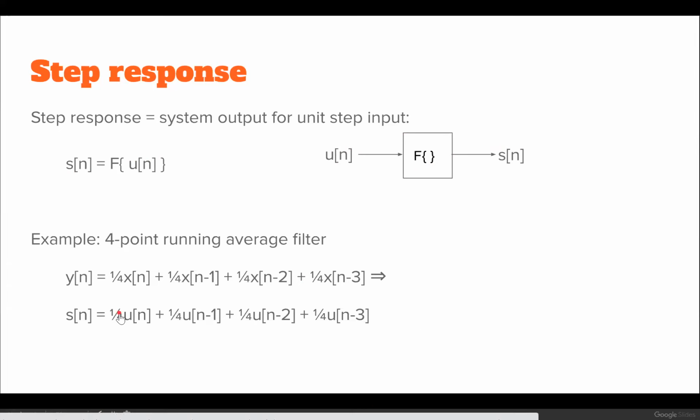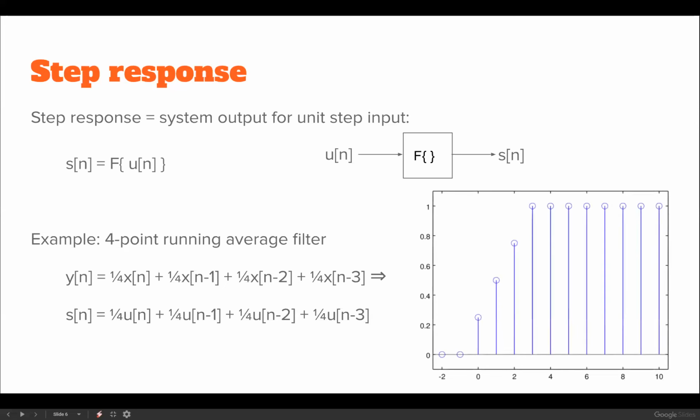Then it means that on the 4-point running average filter, we have, well, no magic here. And it looks like this. So the unit step response of a running average filter looks like that.